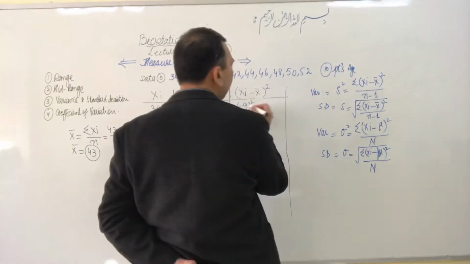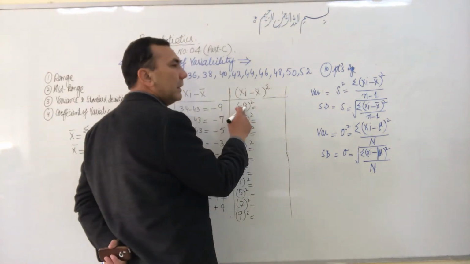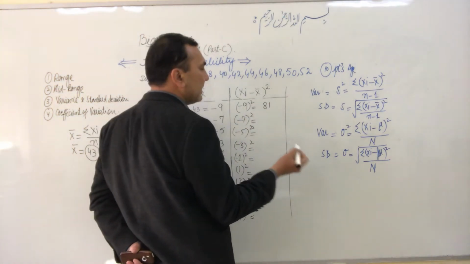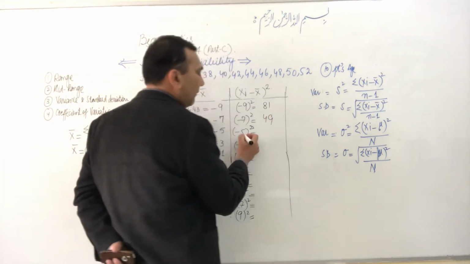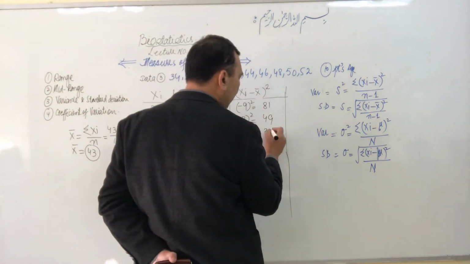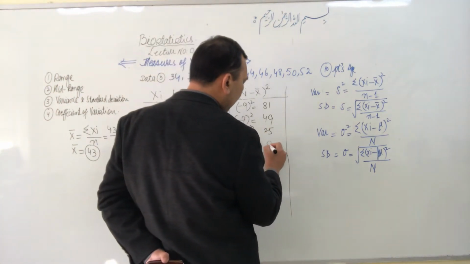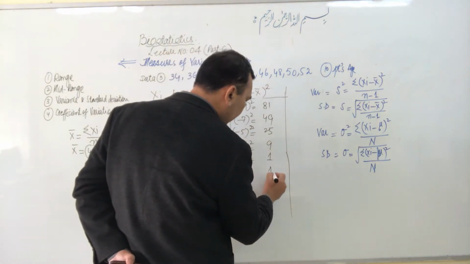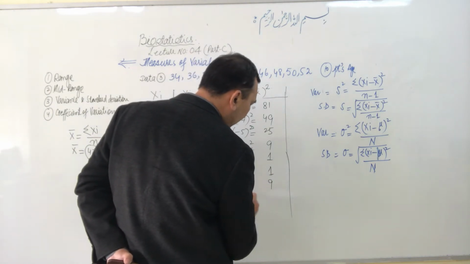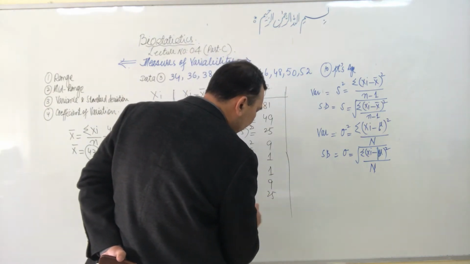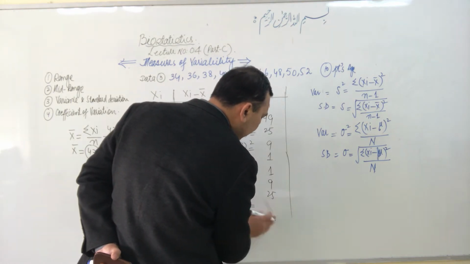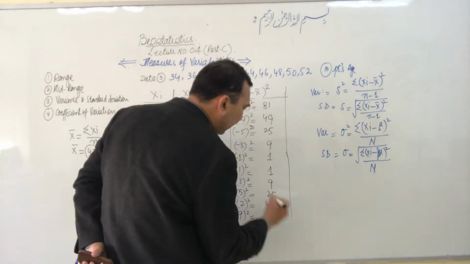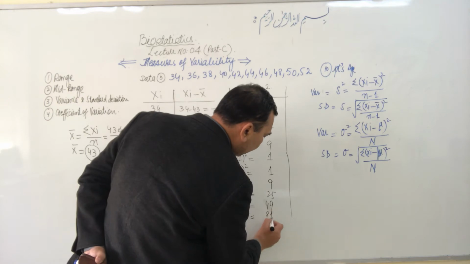So the square of 9 is 81, 7 multiplied by 7 is 49, 5 multiplied by 5 is 25, 3 by 3 is 9, 1 multiplied is 1. Now again 1, 3 multiplied by 3 is 9, 5 by 5 is 25, 7 by 7 is 49, and 9 multiplied by 9 is 81.